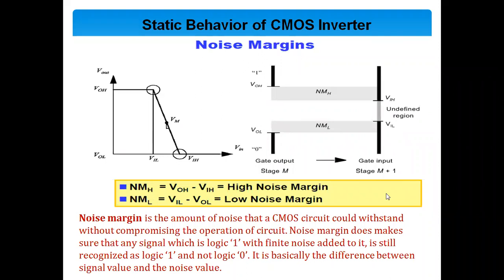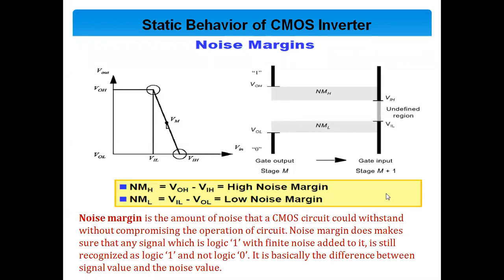Noise margin is the amount of noise that a CMOS circuit could withstand without compromising the operation of the circuit. That means the amount of noise that you can add to that particular circuit without it being affected. That particular margin is known as noise margin.